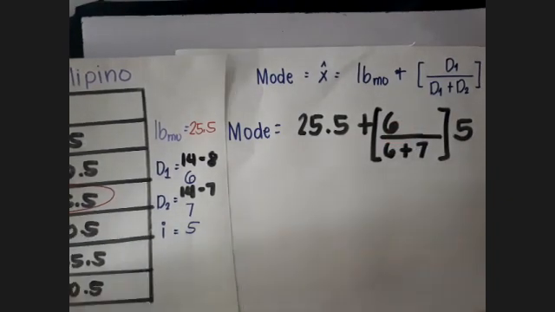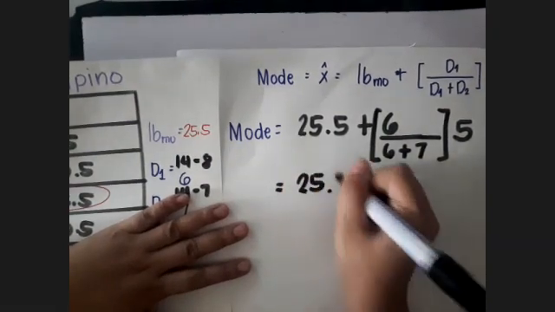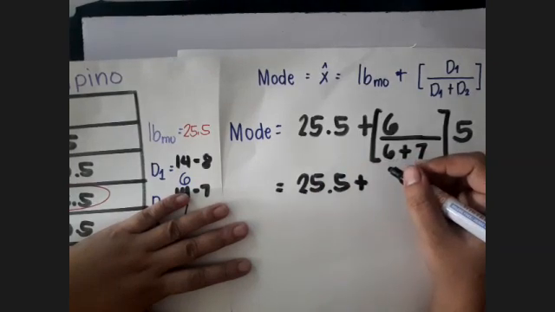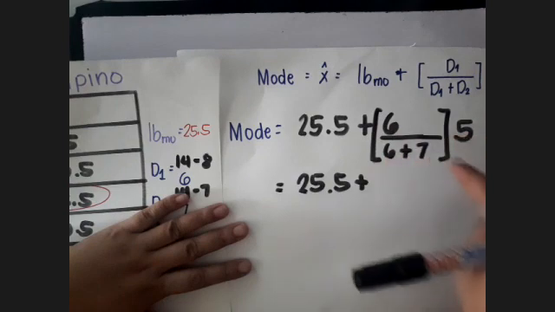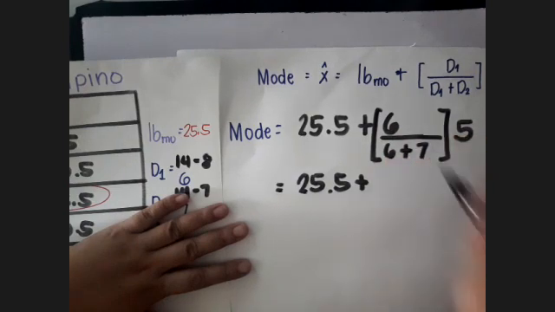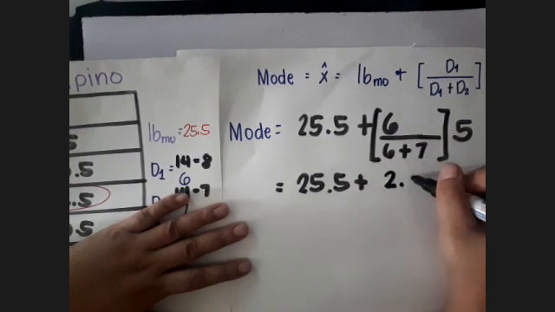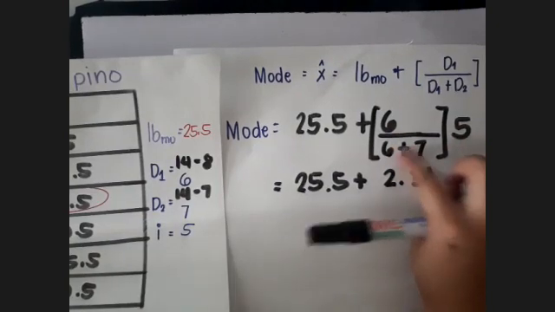Compute natin. We have 25.5 plus. So 6 over 6 plus 7. So that is 6 over 13 times 5. And that is 2.31. I'll repeat. Ipag-add mo na to.